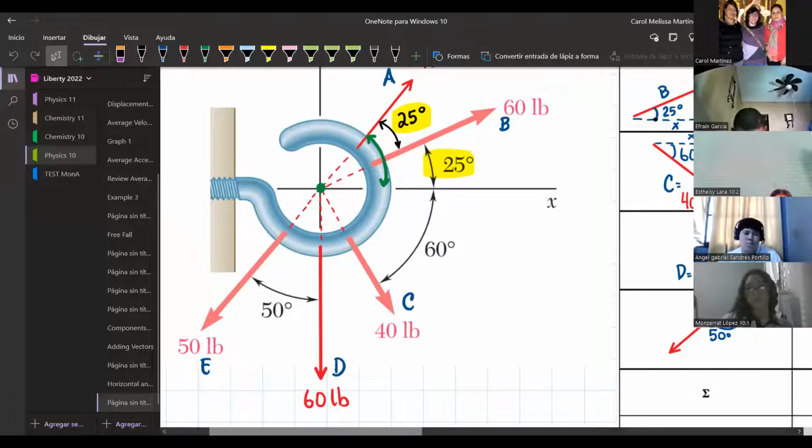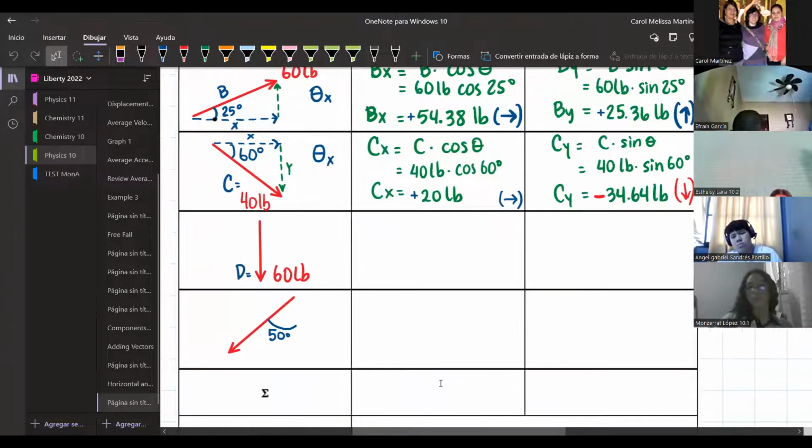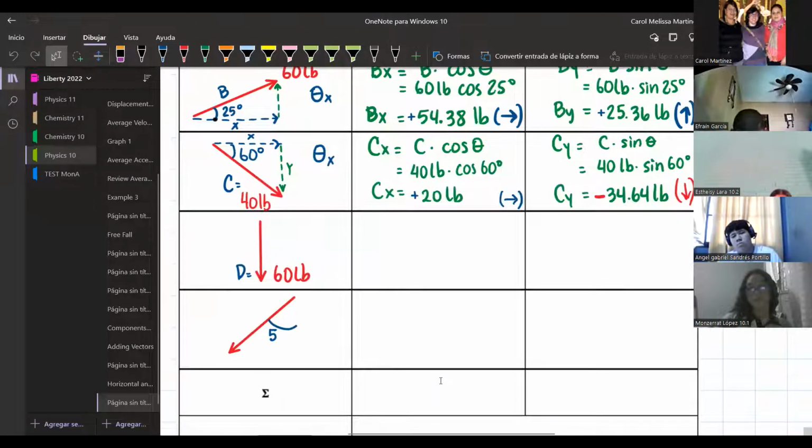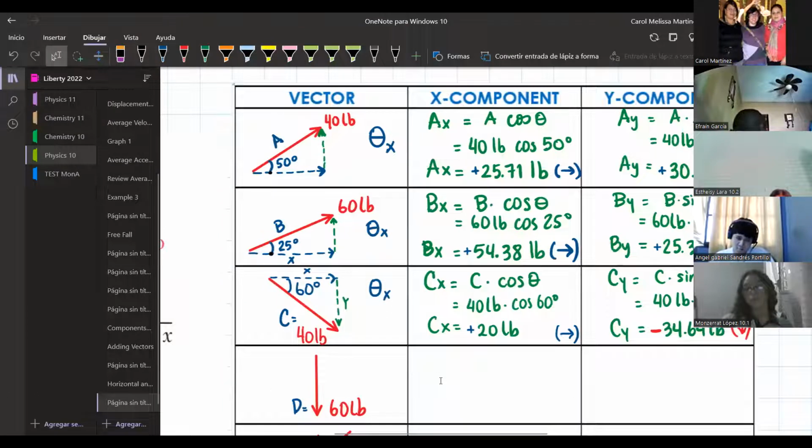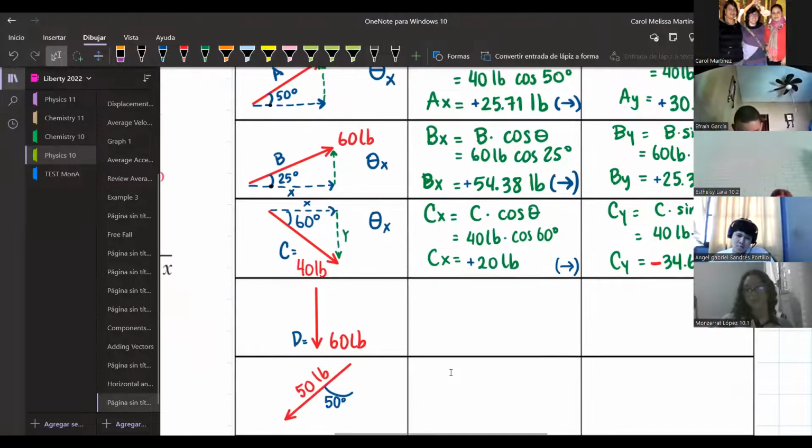Bueno, with this I finished sketching all my vectors. Now, Dx is how much? 0. 0 pounds. Okay, or just 0. The internet is quite slow, as you can see.